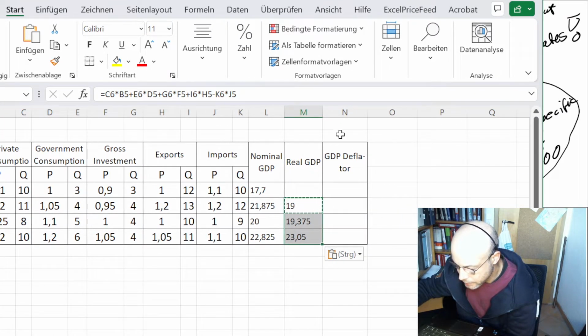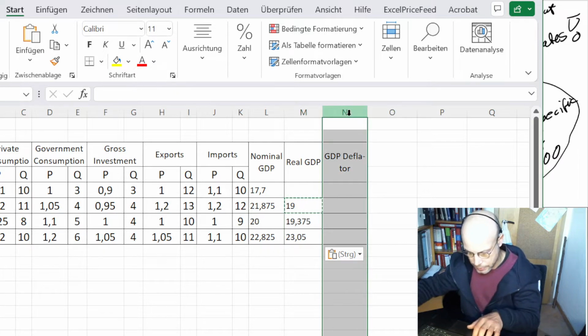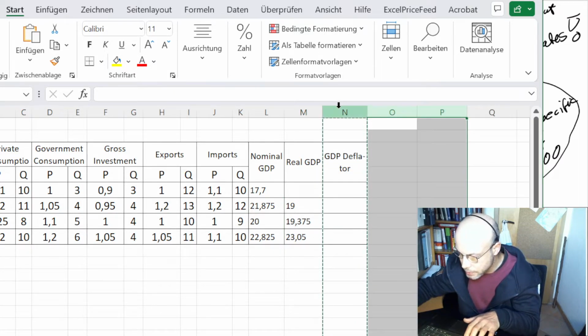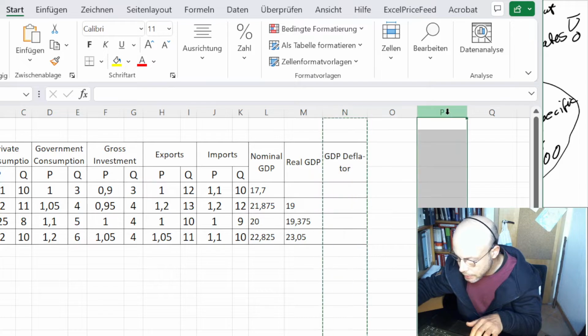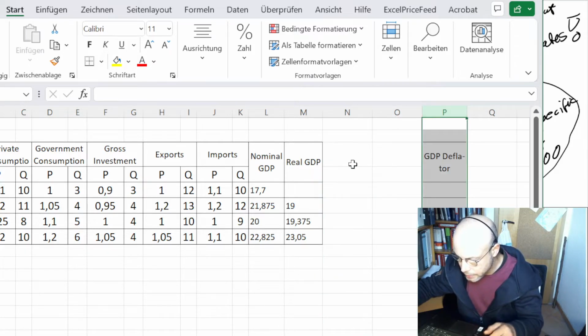And since we define this via an index, let's move this one at this part.